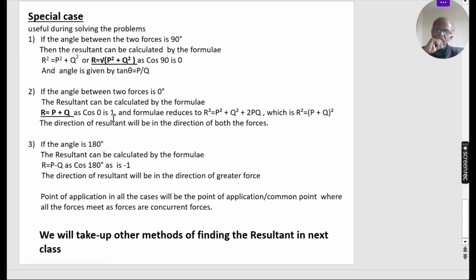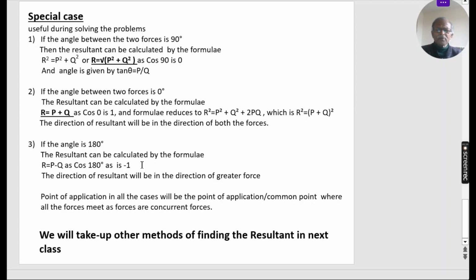If the angle is 180 degrees, that means they are acting opposite to each other. The resultant will be R is equal to P minus Q, as cos 180 is minus 1. And the direction will be in the direction of the greater force.